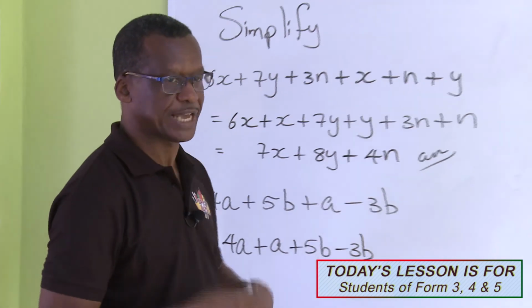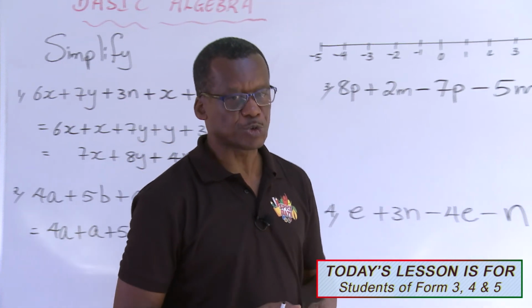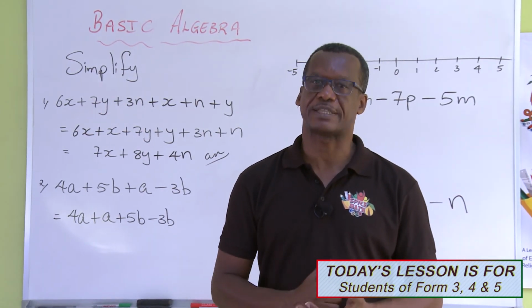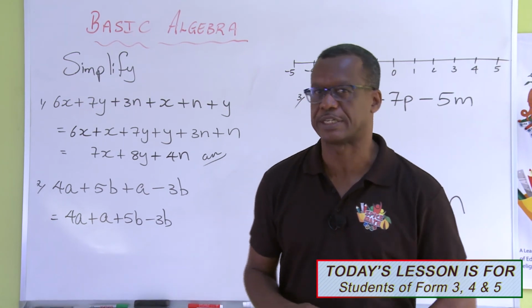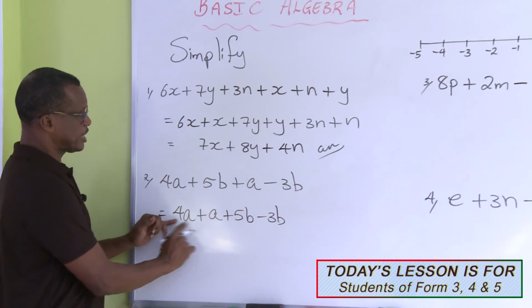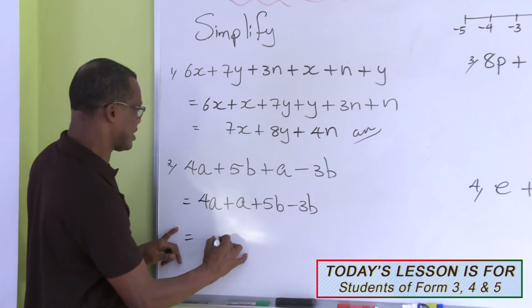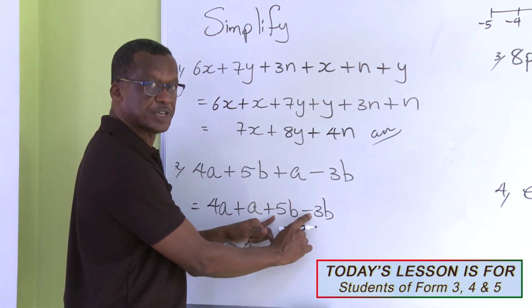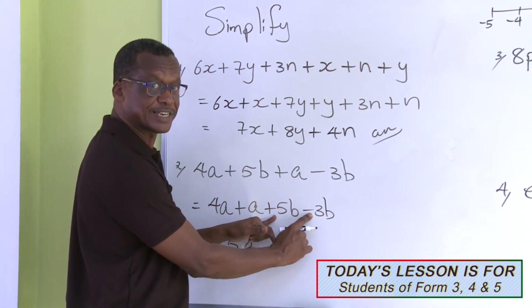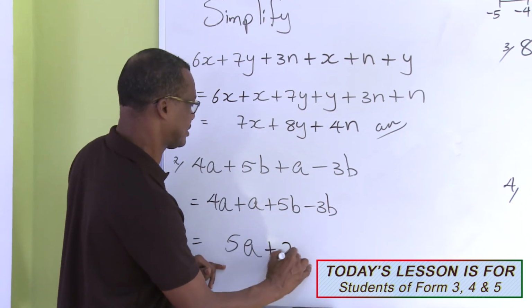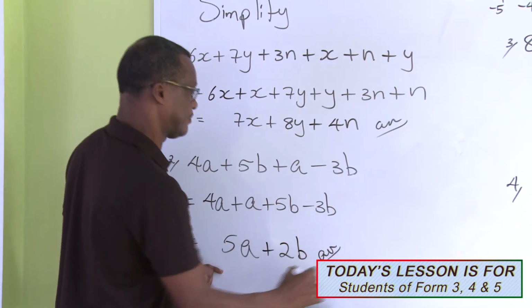And that's something that we have to emphasize. Whenever you group in like terms, you have to ensure that you keep the sign that they came with originally. Now we can simplify. 4a plus 1a gives me 5a. And 5b, take away 3b. It's subtraction, so 5 take away 3b gives me plus 2b.